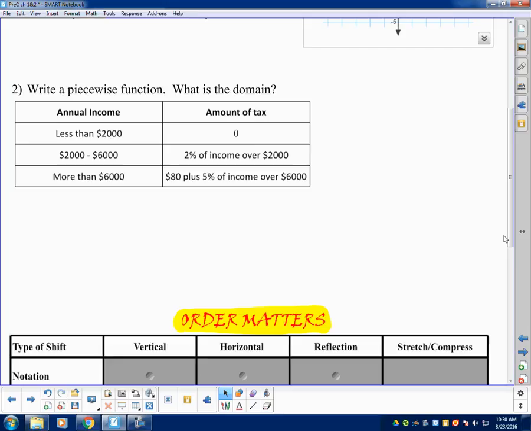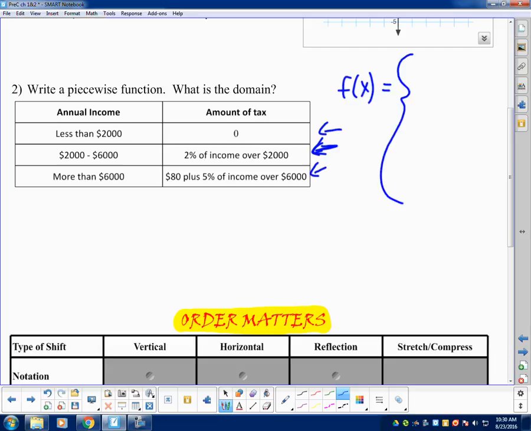So here we have 3 different lines, here, here, and here, and we can graph each one by making the statement f of x equals, and then we do a big set notation here. It says when the annual income is less than $2,000, the amount of income tax is 0.